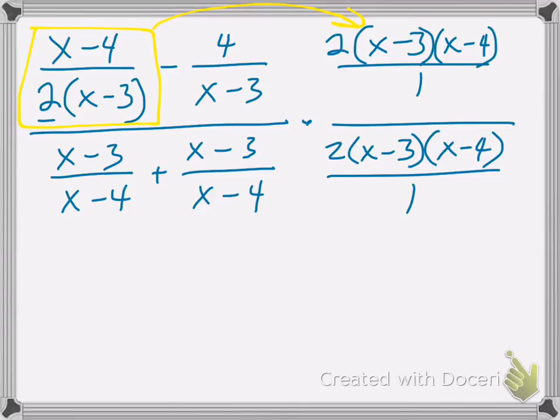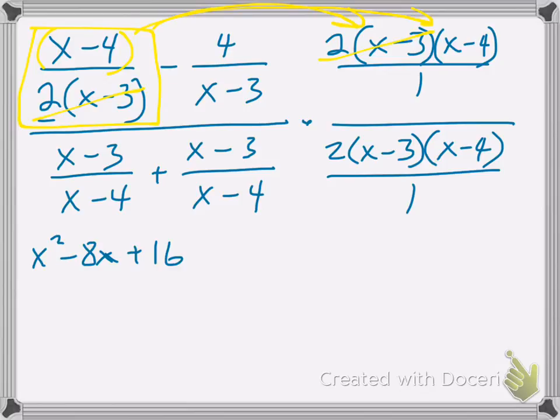The 2 and the x minus 3, so I'm going to be left with x minus 4 times x minus 4, which is x squared minus 8x plus 16. Right? Because the 2 and the x minus 3 will cancel, and we're left with x minus 4 times x minus 4, which is x squared minus 8x plus 16.